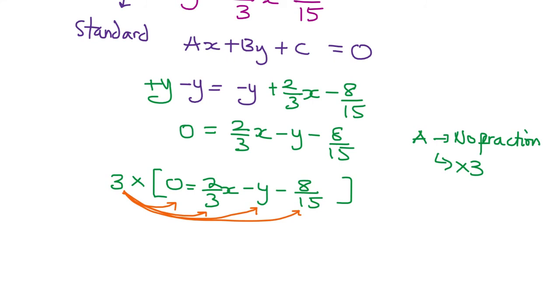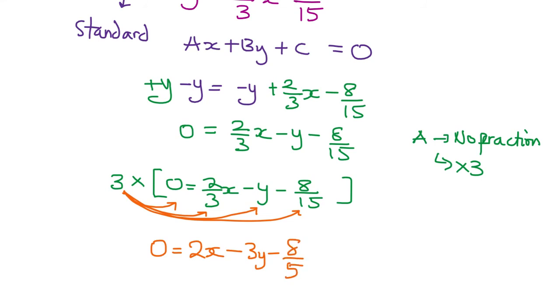So what we have as a result is 3 times 0 gives us 0, and 2/3 multiplied by 3 gives us 2x. On the other side we have 3 times negative y, which gives us negative 3y, and 3 times negative 8/15. 3 divided by 15 is 5, which means we'll have 8/5.